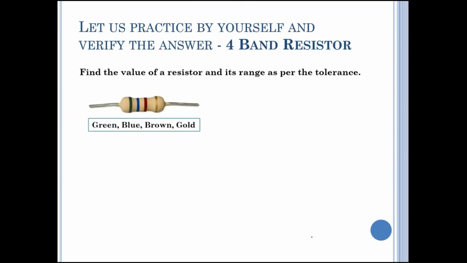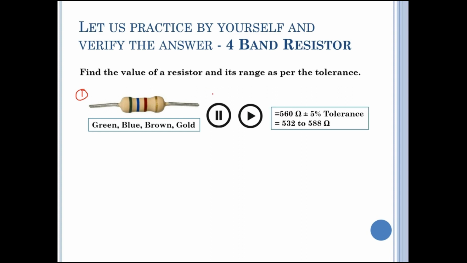So now it is practice time. Let us practice by yourself and verify the answer. You need to find the value of the resistor and its range as per the tolerance. One example is given for you. Okay, pause the video and practice by yourself. Once done, you can play the video. Verify the answer.